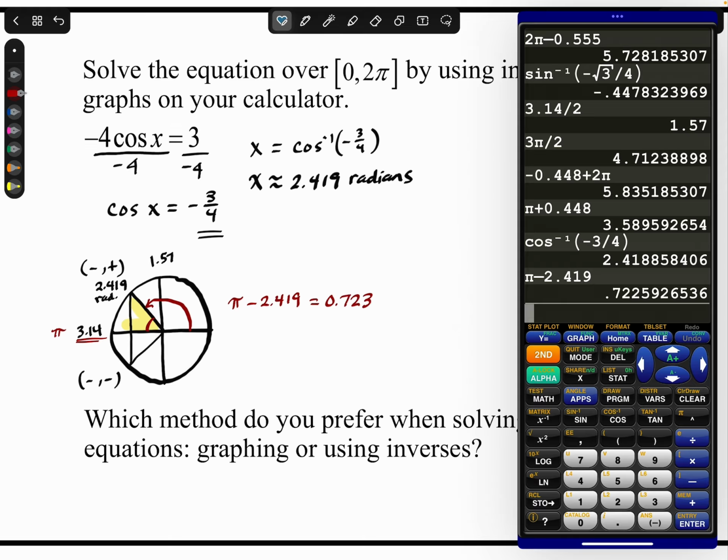That's our missing piece here, that's our reference angle. So we're going to take pi, and we're going to go past it that same amount. So we're going to do pi plus 0.723.